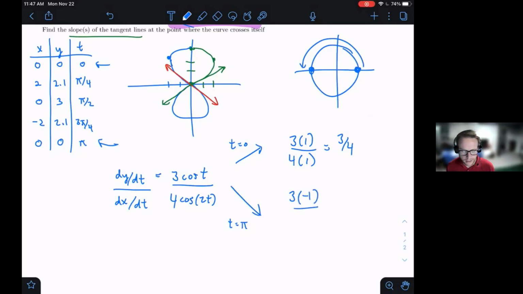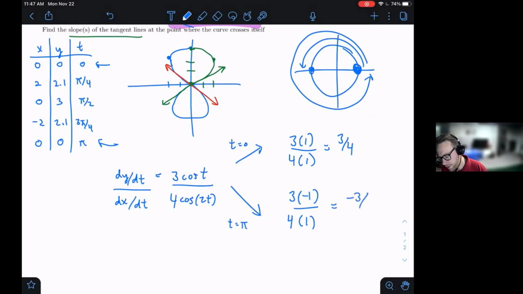On the other hand, in the denominator, I'm going to have 4 cosine of not pi, but 2 pi, right? Because we need to multiply it by 2. And so 2 pi, I'm going to go all the way around, and we're going to get back to where we started here. And so again, the cosine value, how much we move left and right to achieve this point on the unit circle, right? This is to the right by 1. And so now we can see we have the -3/4.